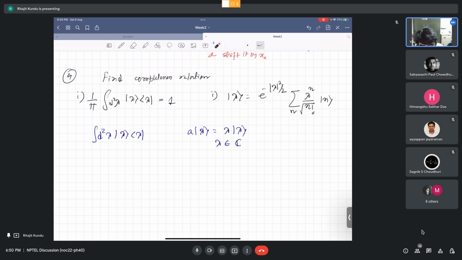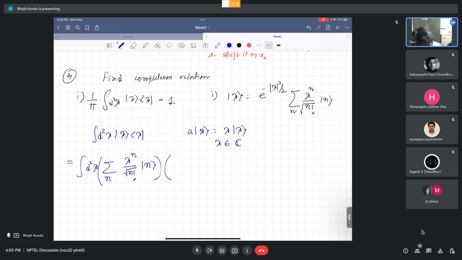And we'll use this expression. Like how the coordinate states are expanded in terms of the number states, we'll use this property and try to proceed. So let's insert this relation here. This is d2 lambda, and then there is a summation over n. I'm inserting the first identity: lambda to the power n by square root of n factorial, and then the state n.